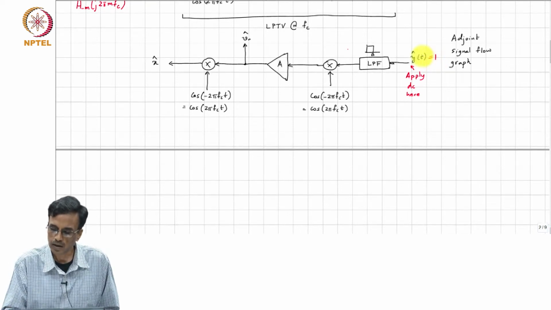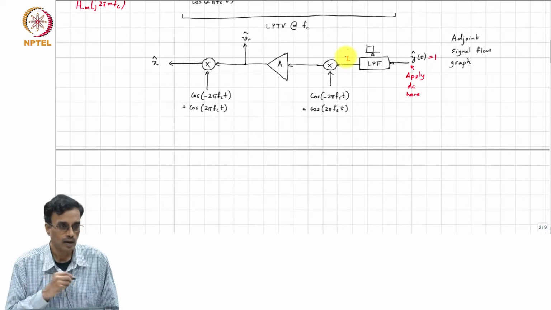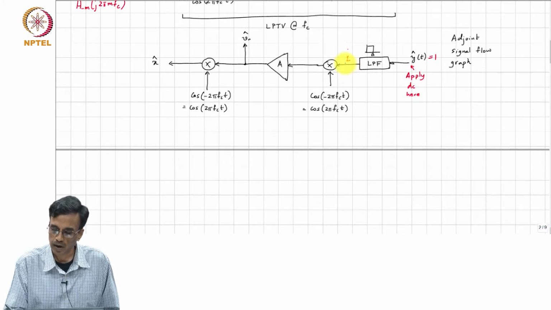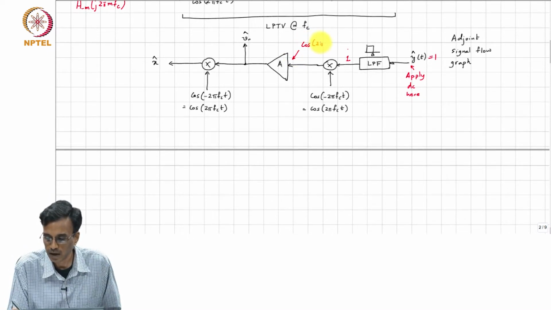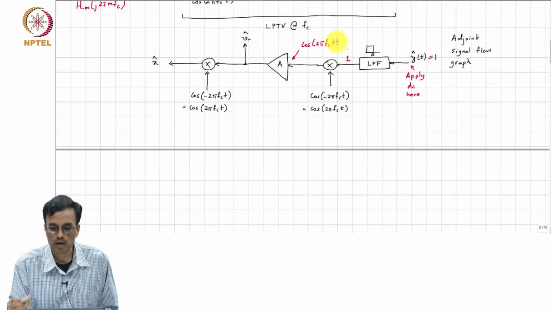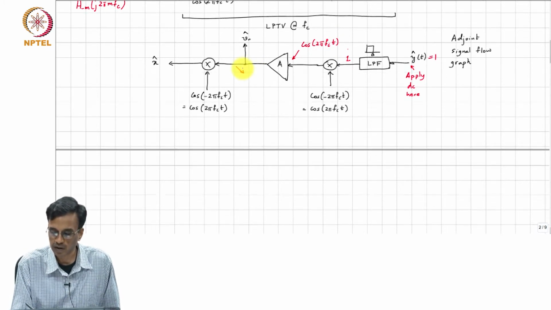So, if this is 1, what do you get at the output of the low pass filter? You get 1, right. If you get 1 here, you get cos 2 pi FCT here. If you get cos 2 pi FCT there, what do you expect to see here?